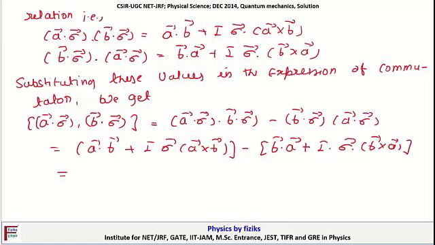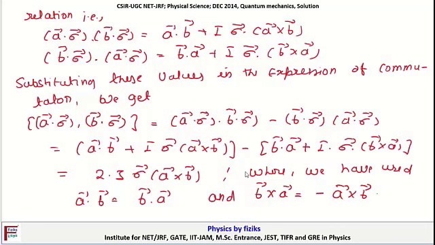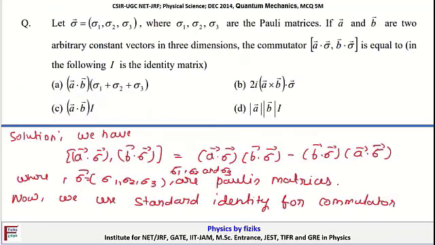So this result would be equal to 2i sigma dot (A cross B), where we have used A dot B is equal to B dot A and B cross A equals minus A cross B. Thus, our option for this problem is option B.